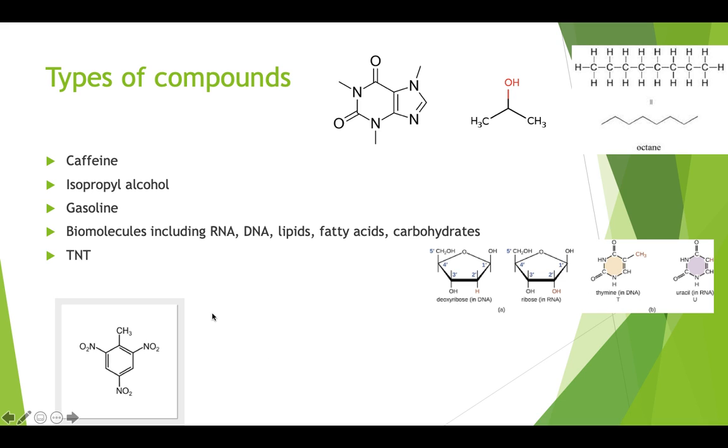And I figured we might as well talk about things that go boom. TNT is trinitrotoluene, and the carbon chain that's called toluene is this benzene ring plus this 1 carbon out here. And so that would be toluene. And then we have 3 nitro groups, which gives us the trinitrotoluene.